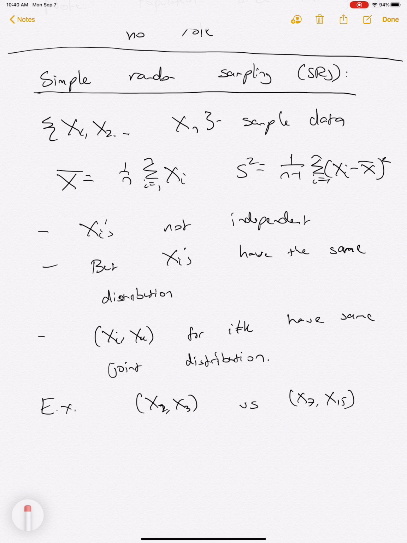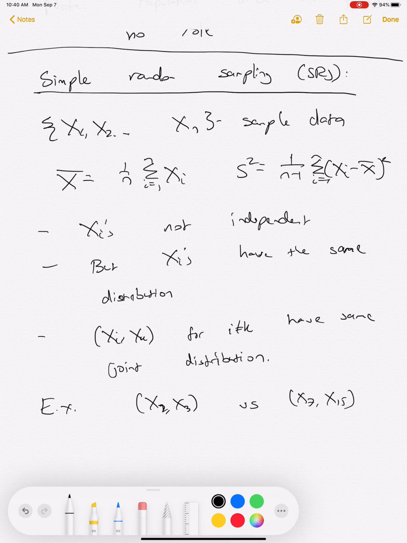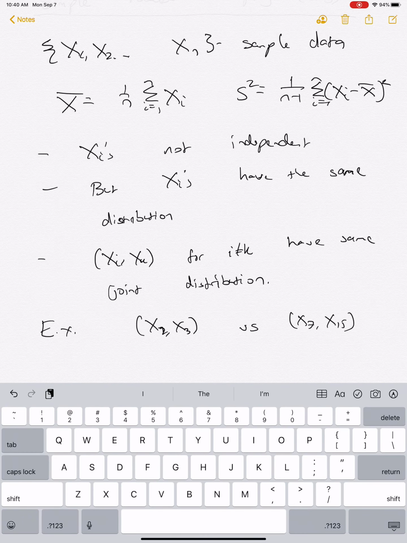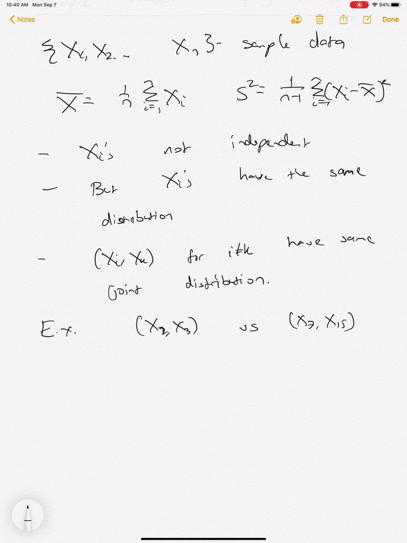You can think about that in the context of drawing cards from a deck: the joint distribution of any pair of cards that you draw is going to be the same, regardless of which pair it is.